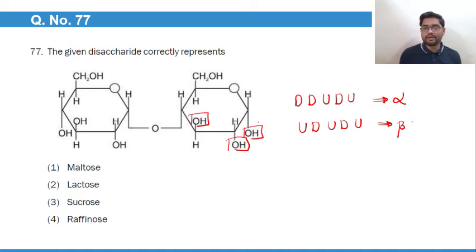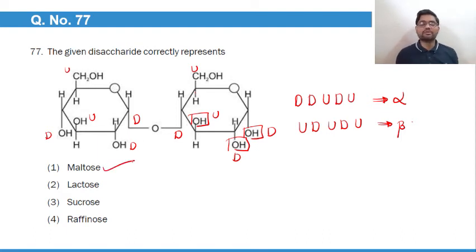So this is down, down, up, down, up. So this is alpha. Again, OH is at the bottom, so down, down, up, down, up. Again alpha. So alpha D glucose and alpha D glucose, both are alpha D glucose. That means we are talking about maltose, because in maltose the glycosidic linkage is present between C1 and C4 of alpha D glucose. Okay, so this is maltose.